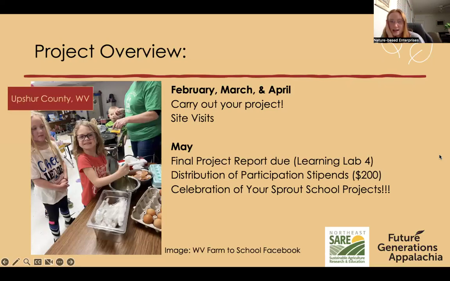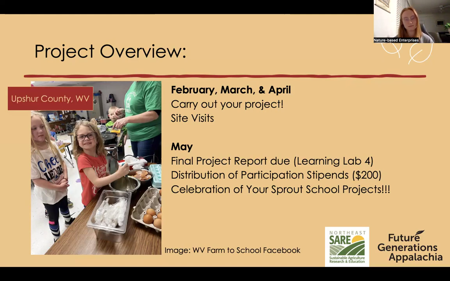Okay, so then in the months of February, March, and April, you're just carrying out your project. If it's helpful for us, Jenny and me to come visit your project site, we have that in the budget, so that's something we can think about. And then in May, the Learning Lab for the final project report is due, and we will distribute the participation stipends, which are $200, and celebrate your awesome Sprout School projects.